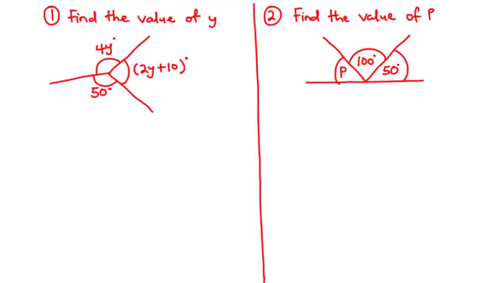Now in this figure, we have three lines meeting at a point, and at the point of intersection, three angles are formed. Now the sum of these angles around the point is equal to 360 degrees. So what we are going to do is add all these angles up, and then we equate that to 360 degrees so that we can find the value of y.